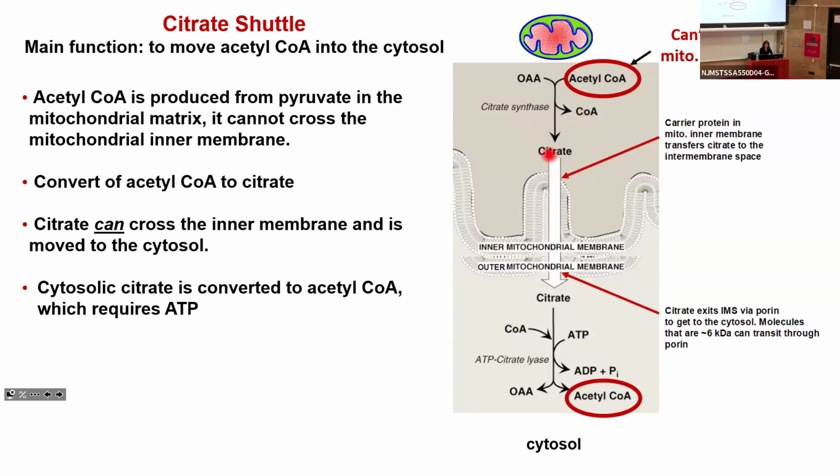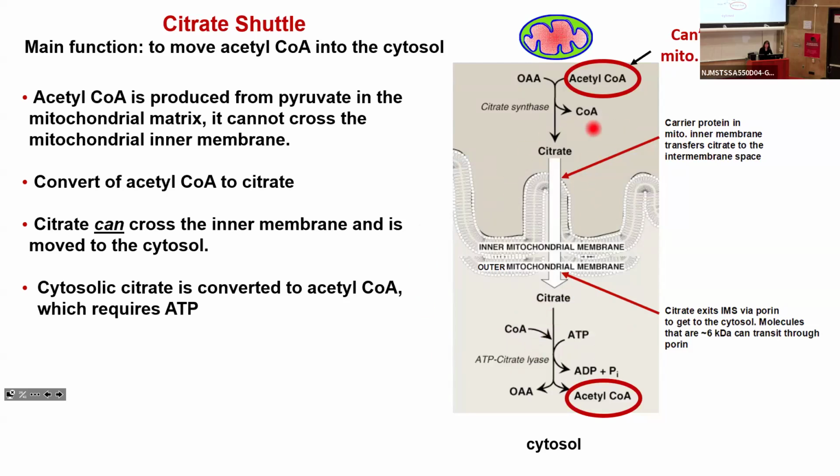And for this particular molecule, there's a carrier protein that can now transport citrate across the inner membrane, and then it can get across the outer membrane into the cytosol. And once it's in the cytosol, now that citrate can be converted back into acetyl-CoA. And I think it's this kind of spatial hurdle that must be met that really controls this whole process.